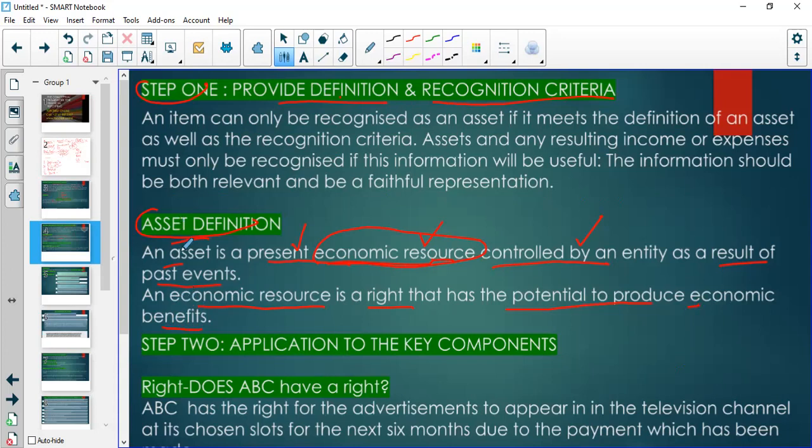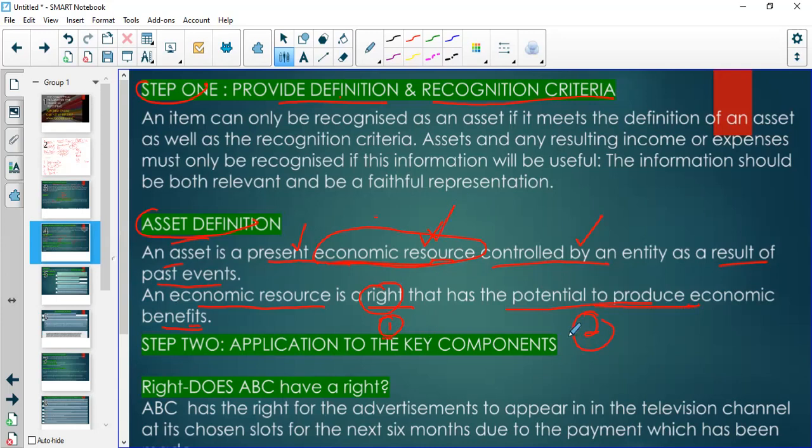Now, before you recognize something as an asset, it has to meet the definition. Then it also has to meet the recognition criteria. So what are we interested in, in this definition of an asset? We want to look for a right, because that's the economic resource. So that's the first thing, it's a right. Then the second thing is a potential to produce economic benefits. So we have identified an economic resource.